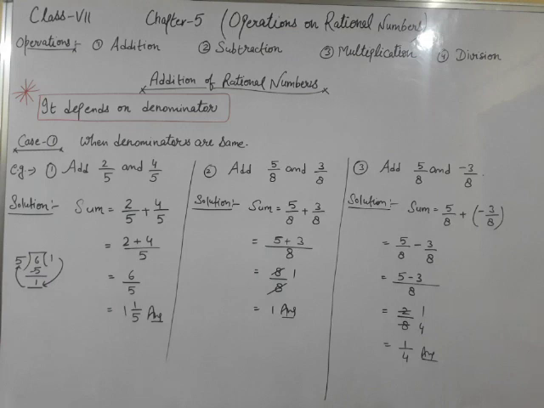This video is for class 7 students who are going to start their chapter 5, operations on rational numbers. Chapter 4, rational numbers, we have completed, and in our next chapter we will study operations on rational numbers.